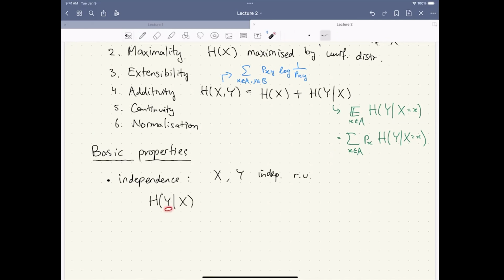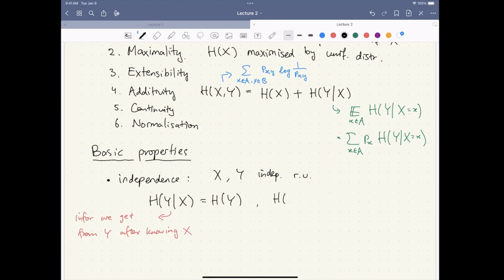This is the information we get from Y after knowing X, or the additional information we know from Y on top of X. Well, since X and Y have nothing to do with each other, knowing X does not give us anything about Y. So this is still the same as if we don't know X. Another thing is their joint information is the same as the sum of each individual one, since they are independent, as I said.